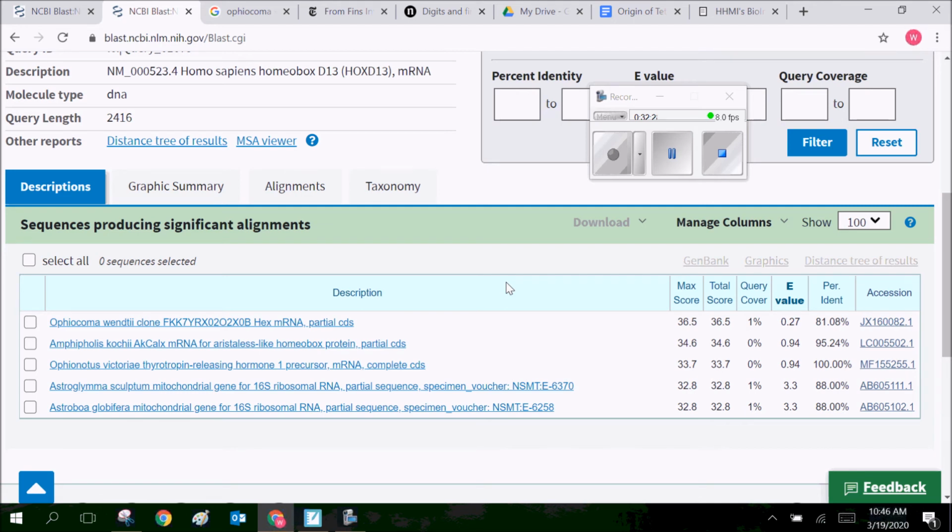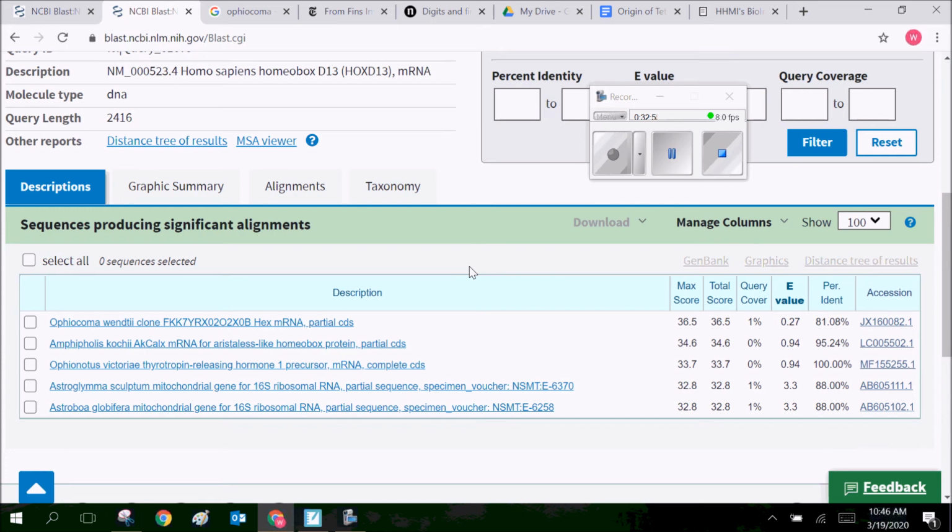So I wanted to see how closely related starfish were. And if we look, the query coverage is abysmal, and the e-values don't even get close to -10, even though the percent identity of some of these is pretty high. In other words, what we can see is that the brittle stars are not even remotely closely related to our tetrapods.